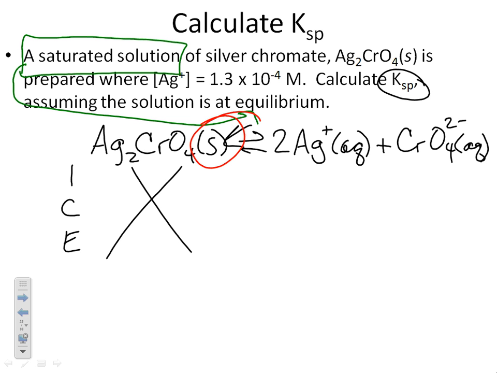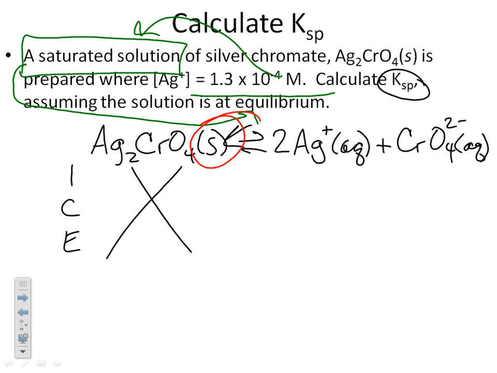So we're going to focus instead on just the products. Initial concentrations of the products. Does this problem tell us that before we put the silver chromate into solution, there's any silver or chromate already there? No, it does not. That number for the silver, the 1.3 times 10 to the minus fourth, is for the saturated solution.